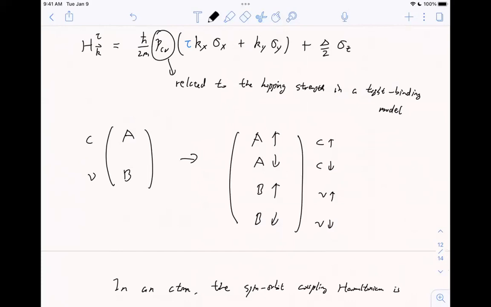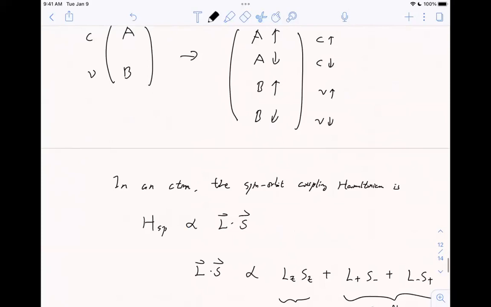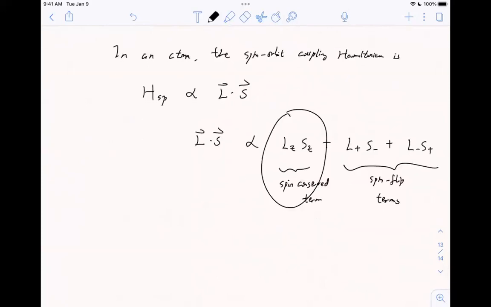If you consider it rigorously, the spin up state is not the eigenstate. Your eigenstate will be a linear combination of spin up and down. That's the general case. But in this system, this term will be big and the other term will be somewhat small. This is because the other band with the opposite spin is far away.